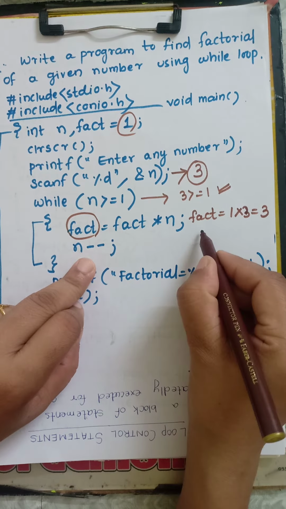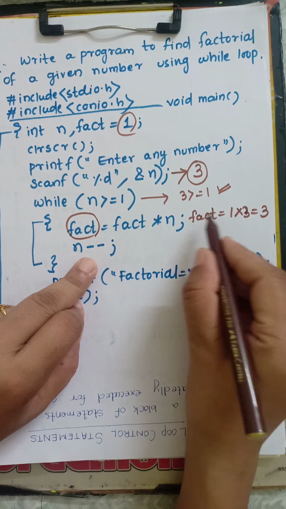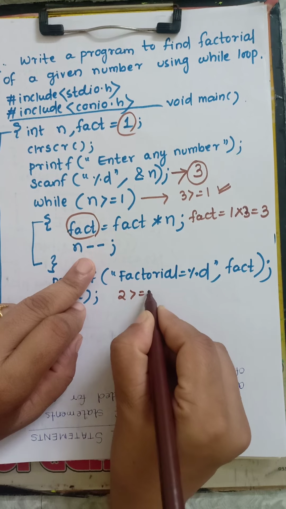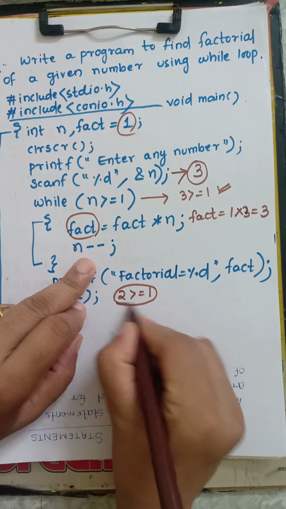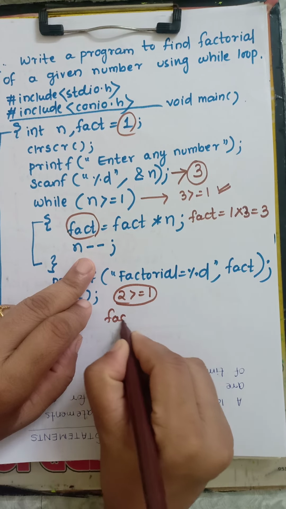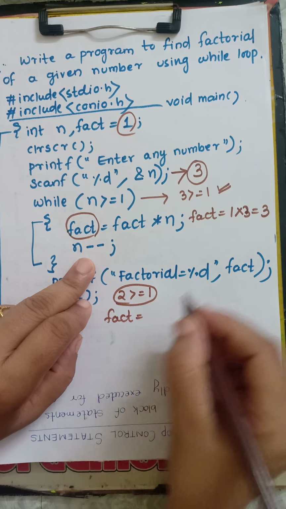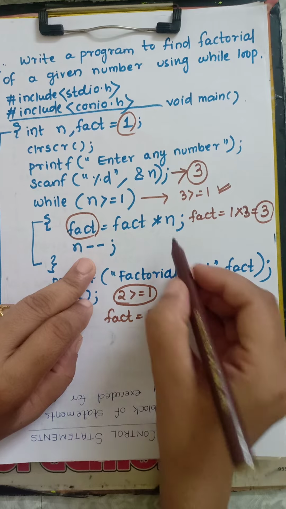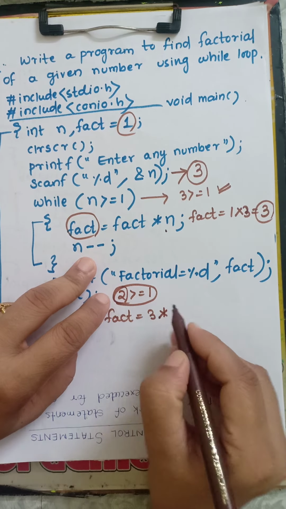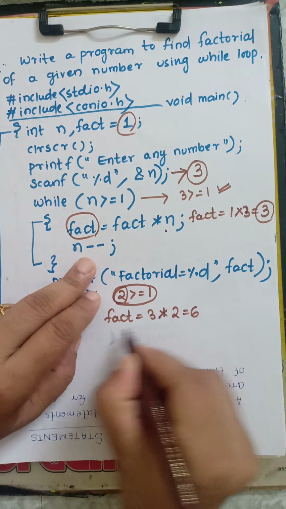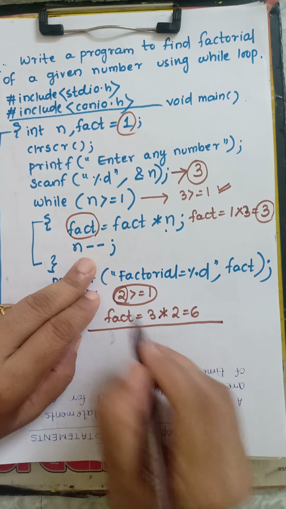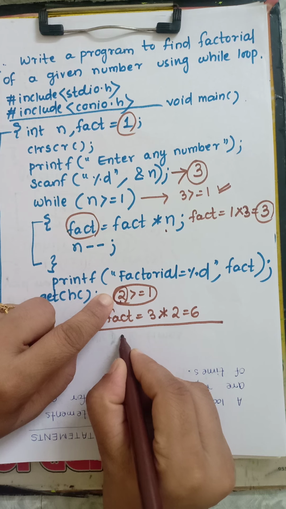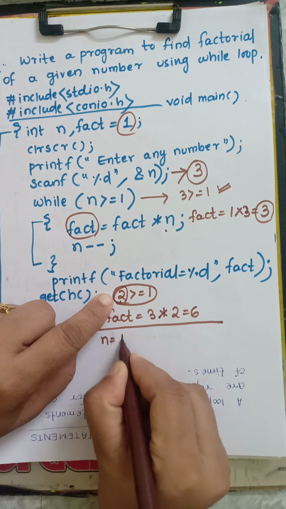Next the value of n decreases, means now 3 becomes 2. So now we are going to check 2 greater than or equal to 1. This one is true. Next fact equals, what is the value of fact now? 3 multiplication, what is the value of n now? 2 equals 6. Okay, now the n value decreases, so now n equals 1.